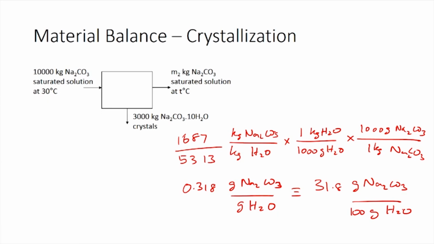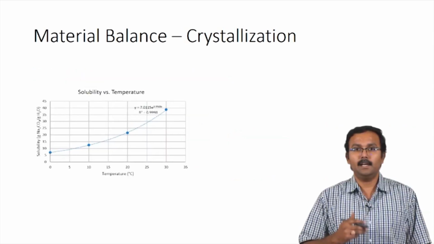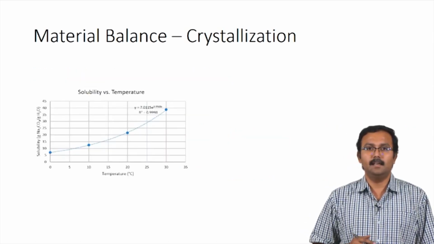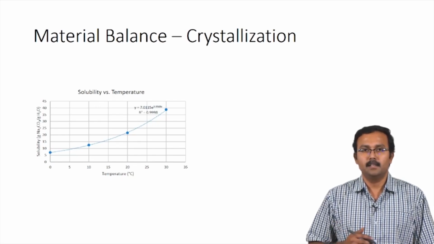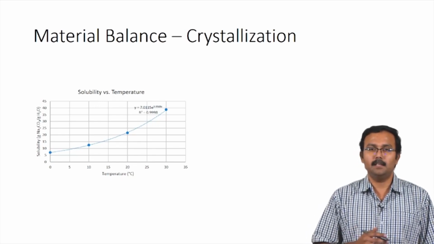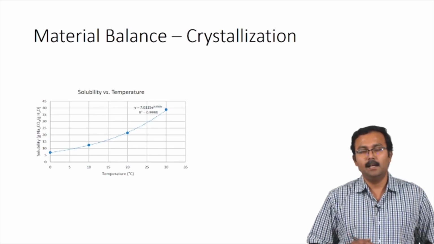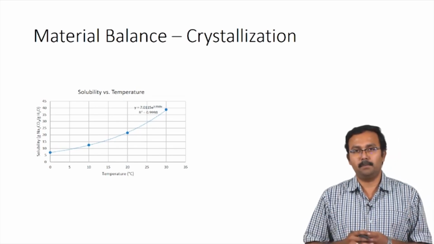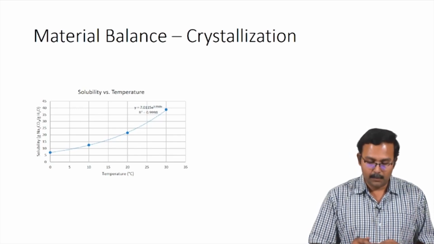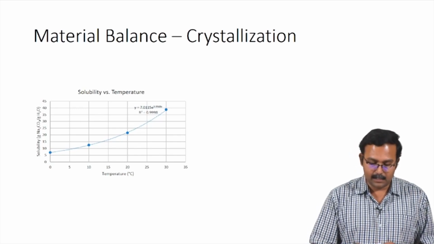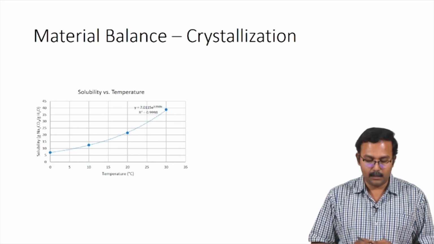the data provided. So, if you look at this curve, this is the solubility data plotted against temperature. So, we had the values for temperature and we plotted it using Excel, and the curve which we obtained was fitted for an exponential curve. So, the equation which fits this curve has a very nice R squared value also.